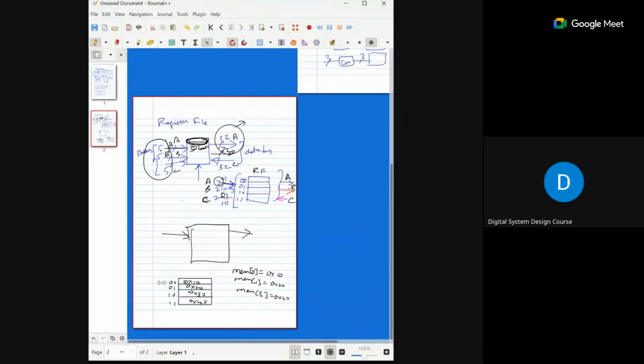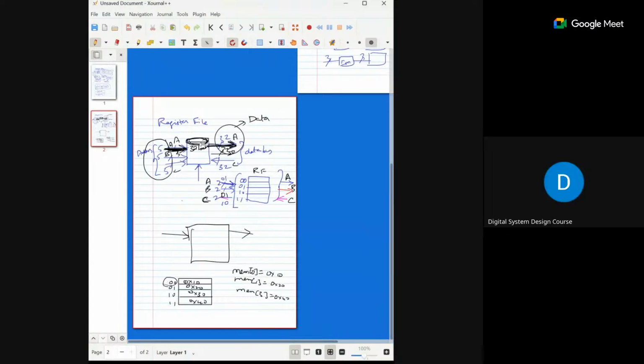Now, if I am feeding this address, what will I get out? 0x10. Similarly, if I feed some address here, the respective output for that address is what I get, and I call this the data of that particular address.